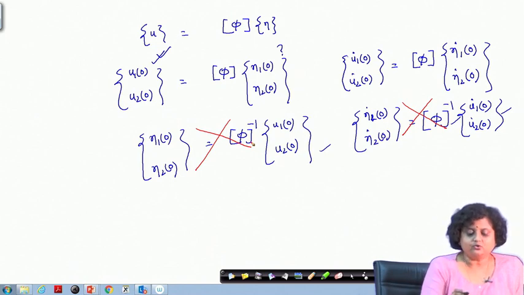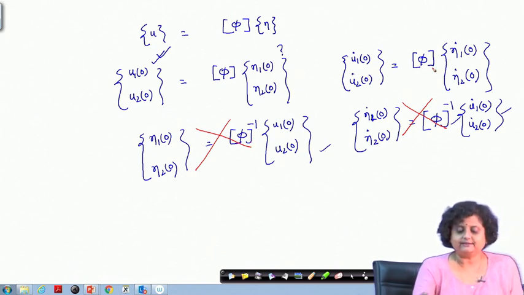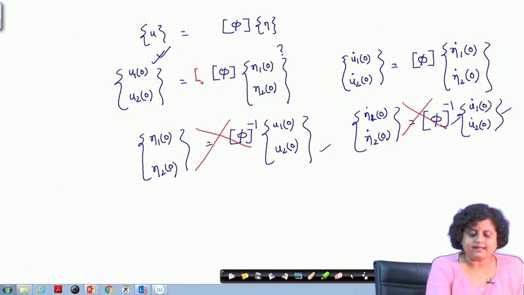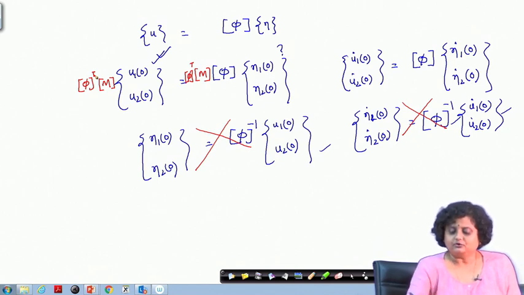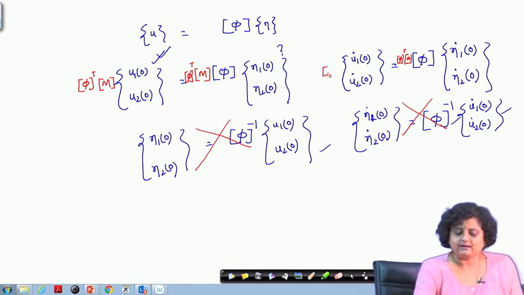What I am going to do is take these two equations and multiply each side by m first, and then again multiply by phi transpose. Similarly here, I will multiply both sides by m and phi transpose. So, phi transpose into m.